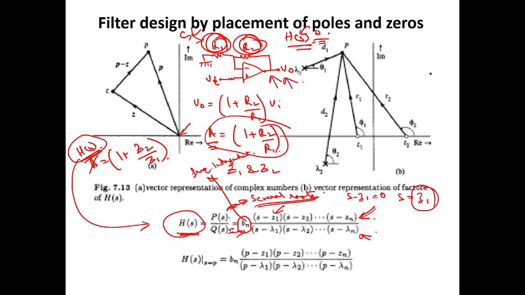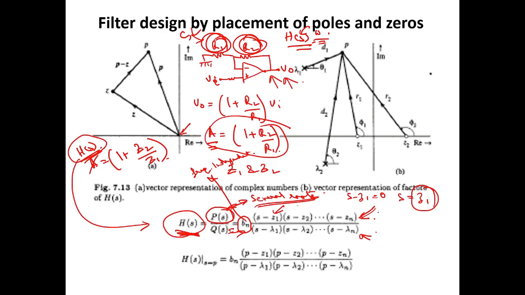It will bring P(s) down to 0, so H(s) will also be 0. So the solutions of the numerator polynomial are regarded as zeros of the system.